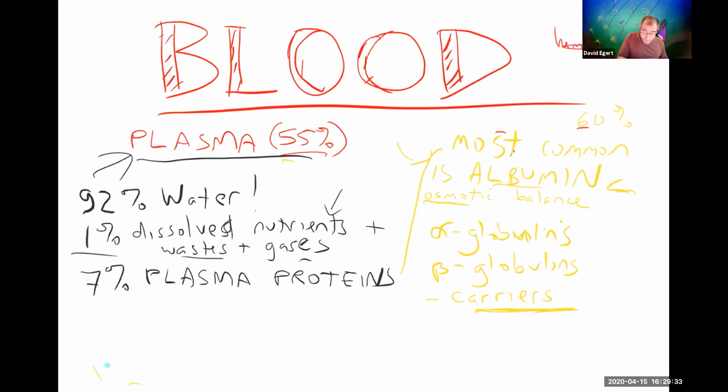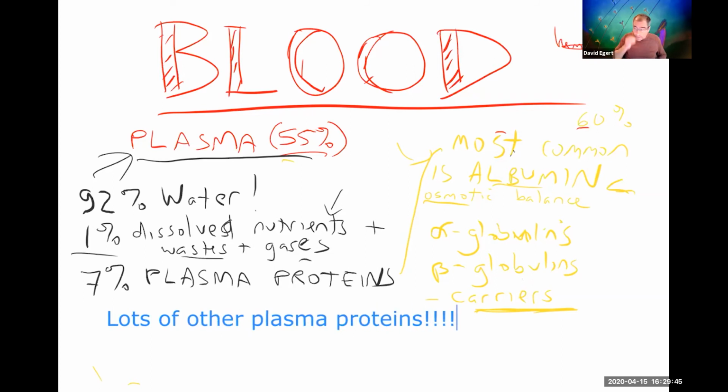There are lots of other proteins. Angiotensinogen, your old pal from the whole renin-angiotensin mechanism, was a plasma protein just sitting in your blood.